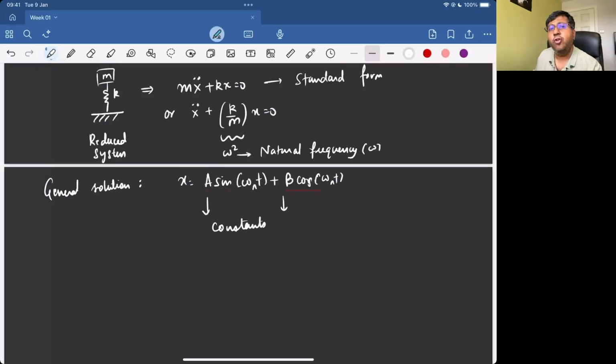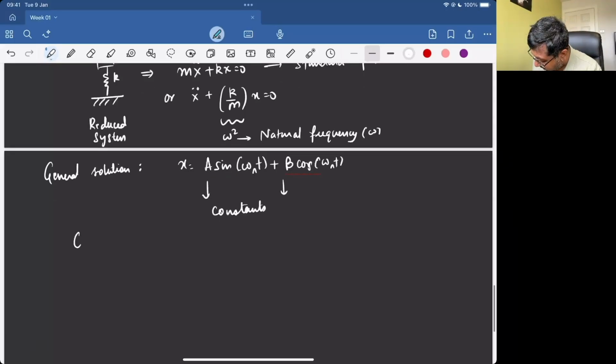I can also rewrite this as x equal to c into sine of omega n into t plus phi. So phi is nothing but what we called the phase angle, and c is nothing but our maximum amplitude.